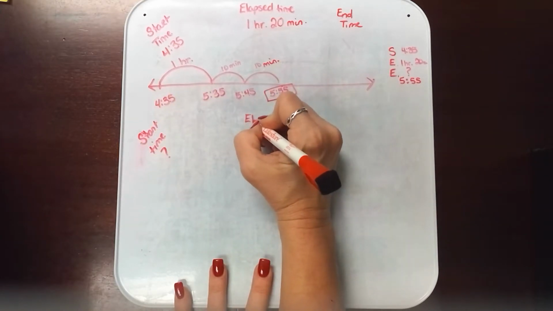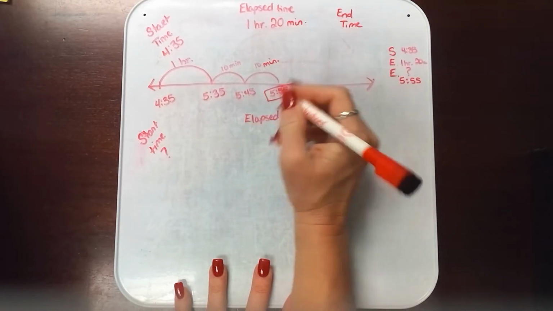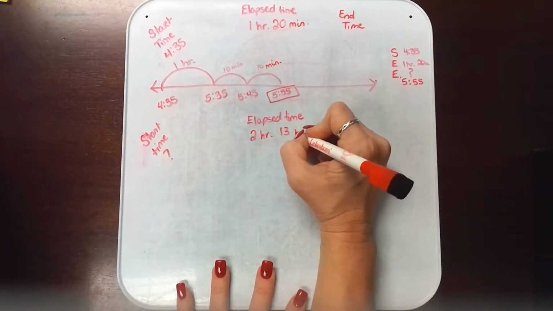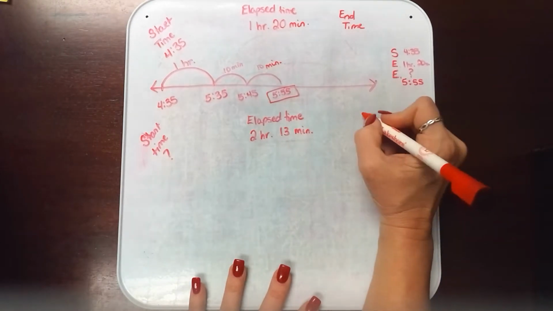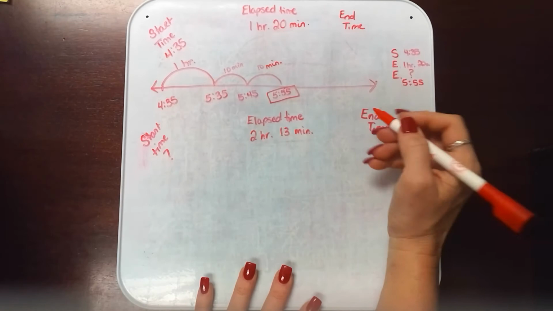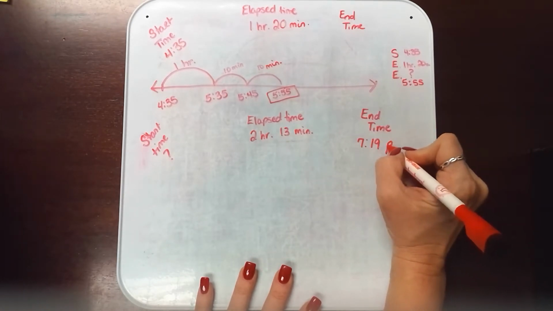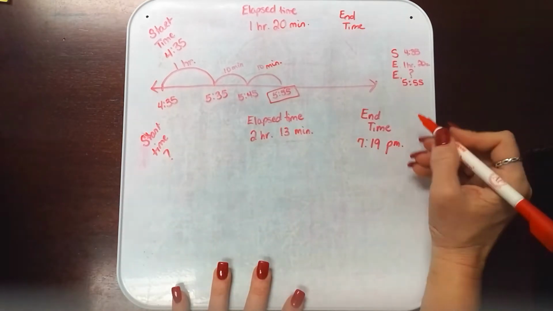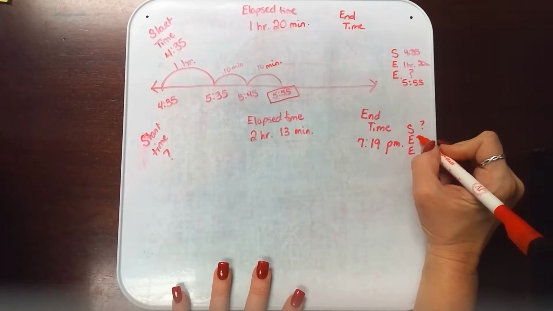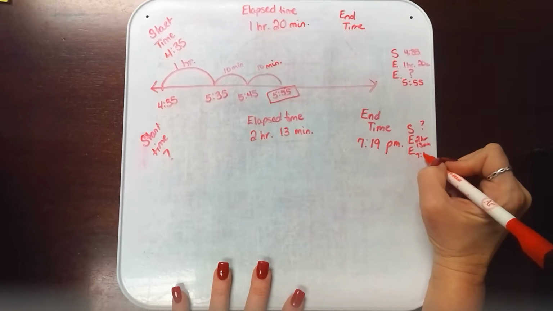I know my elapsed time is 2 hours 13 minutes, and then my end time is 7:19 p.m. So for this, on my C chart, I would put question mark, 2 hours 13 minutes and 7:19.